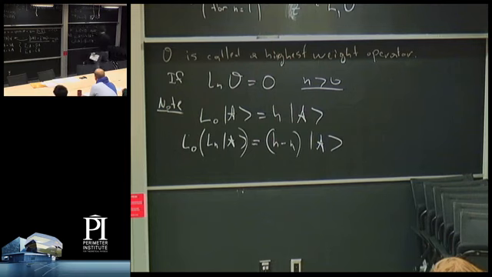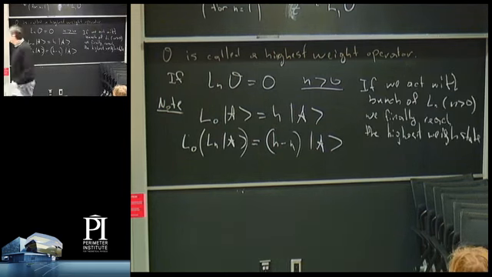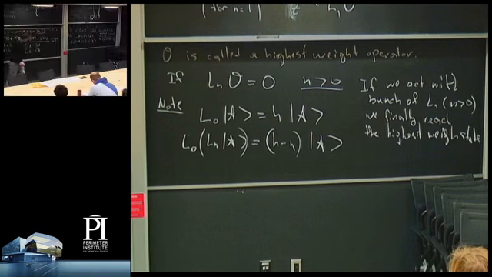And so if we act with a bunch of lowering operators, a bunch of Ln of positive n, we finally reach the highest weight state, meaning that it's going to be annihilated by any other application of Ln.